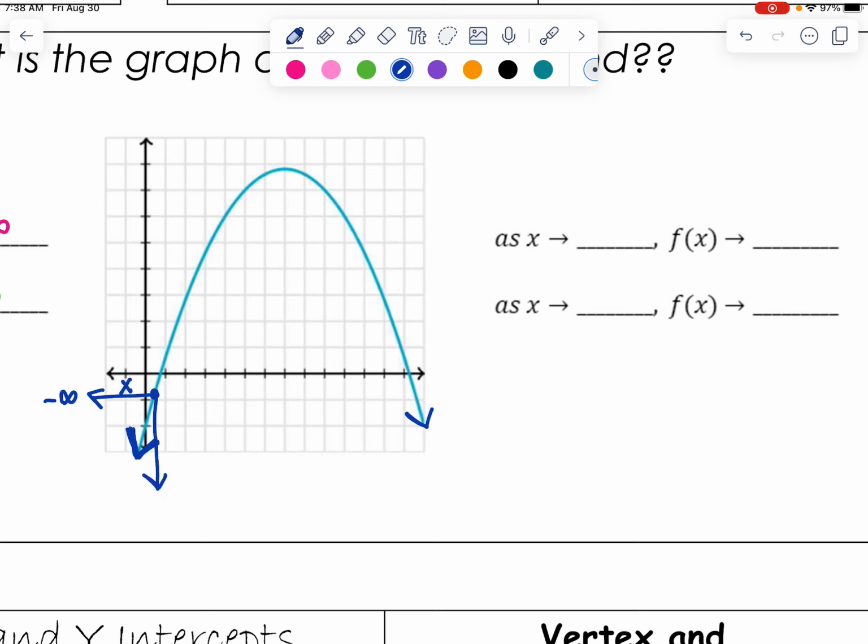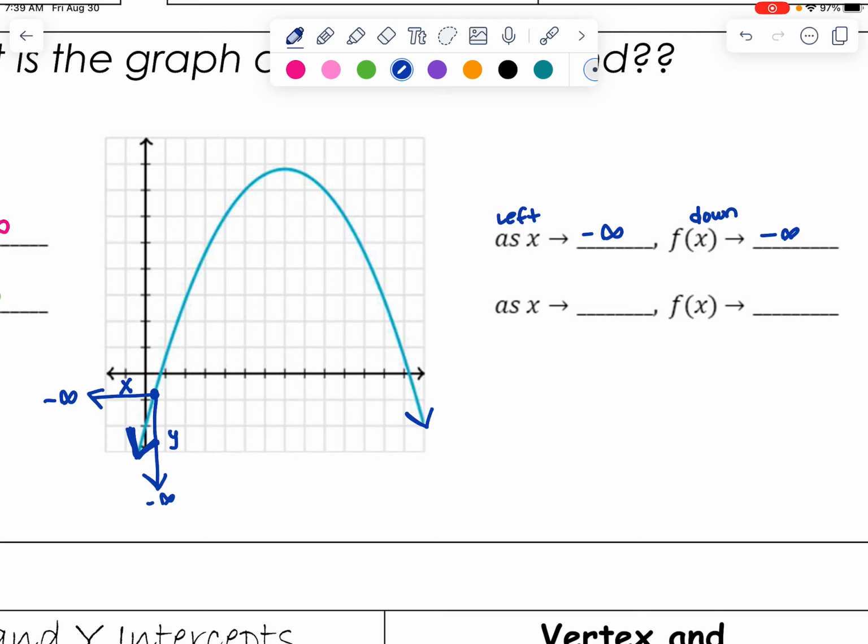It's also going down. So the y values are going down and down forever, getting closer to negative infinity. So for the first part of our end behavior, x approaches negative infinity, this is just the left side of the graph, and f of x, or y, approaches negative infinity, meaning the left side of the graph is pointing down.